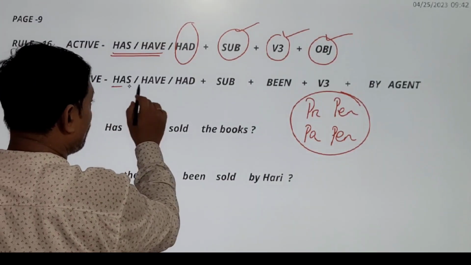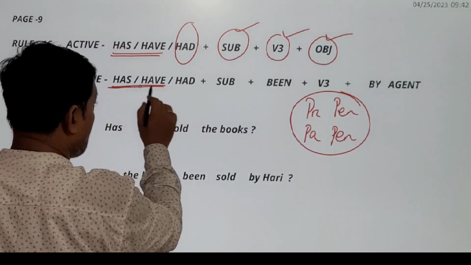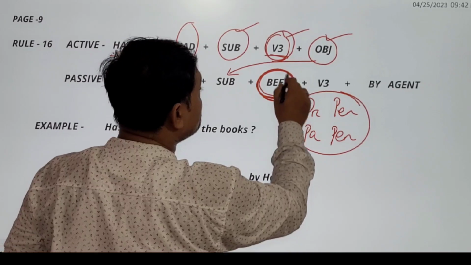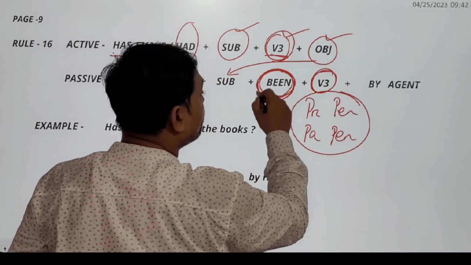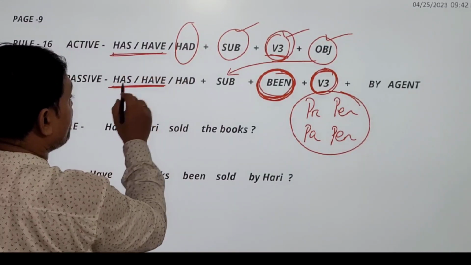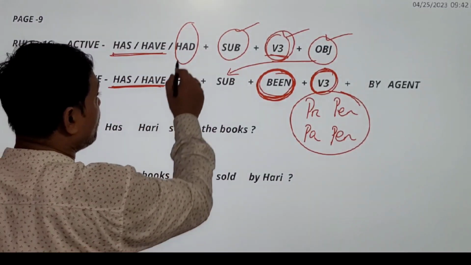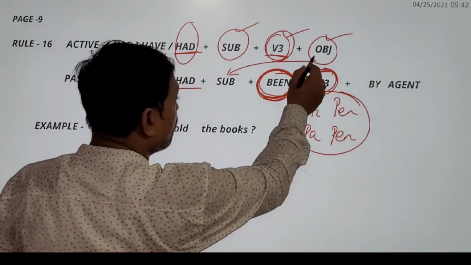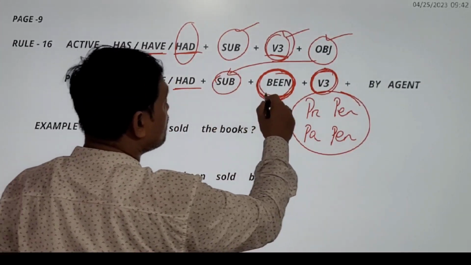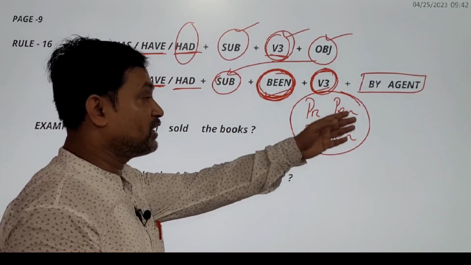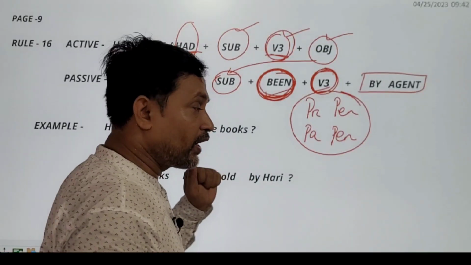So according to rule, if it is present perfect, has or have, object will take the subject position. It is been संगरे v3 बसिबो. कौन पिले कहली? been संगरे v3 बसिबो. जदि present perfect थिबो, has have थिबो, एटी has have लगेबा. जदि had थिबो, एटी हमें had लगेबा. Object will take the subject position, been v3, then by agent if necessary. जदि आवश्यक पड़े ताले by agent लगेबा.